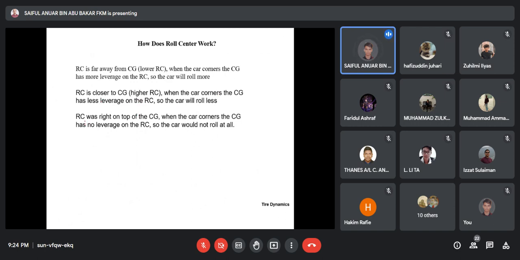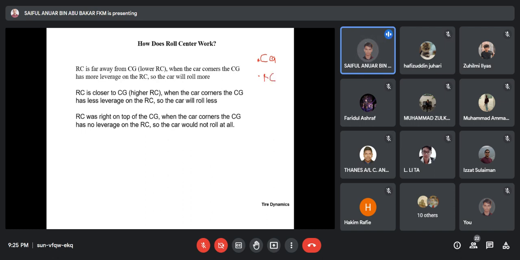If the roll center was right on top of the CG, when the car corners, the CG has no leverage on the RC, so the car will not roll at all. Okay, this one is referring to this. If the CG is far away, so this is your CG, and this is your RC.